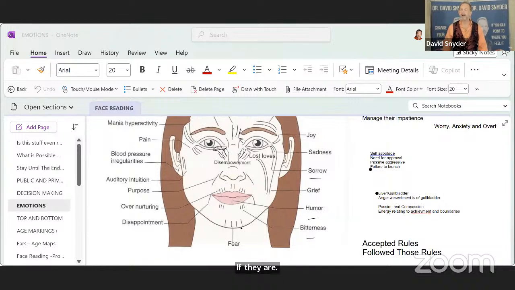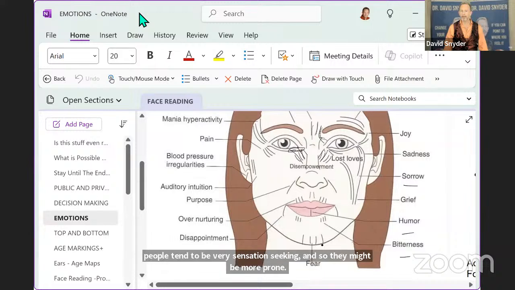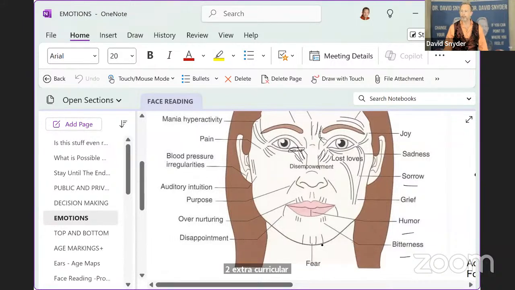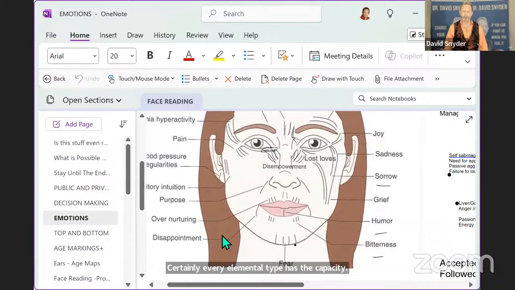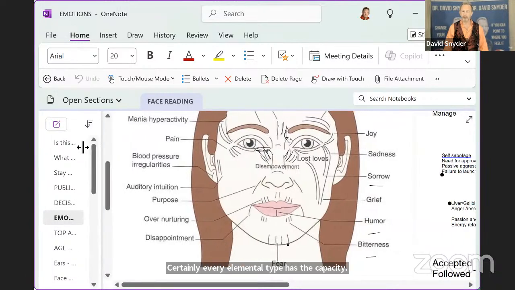If they're very fiery, high on the dopaminergic scale, these people tend to be very sensation seeking, so they might be more prone to extracurricular romances than people who are a little more traditional or conservative. Certainly, every elemental type has the capacity to step out, but they usually step out for different reasons.